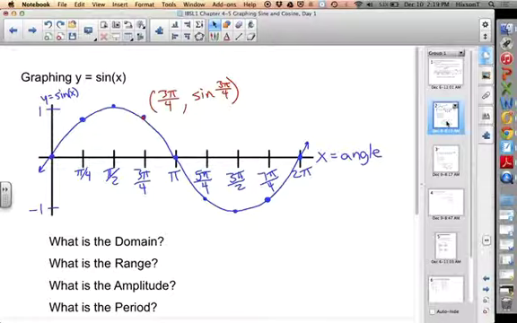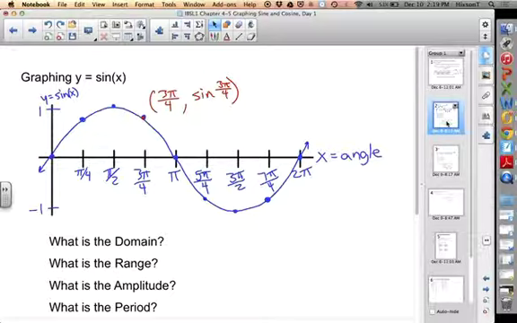When the angle is pi over 4, what does sine equal, according to your unit circle? Root 2 over 2, which is about 0.707. When our angle is pi over 2, sine equals 1.